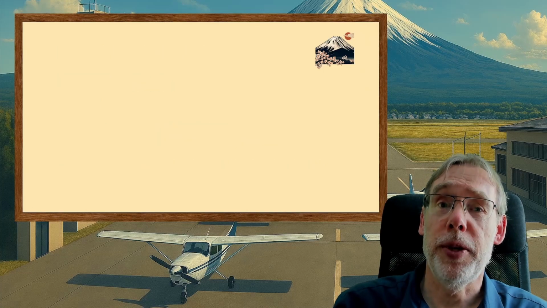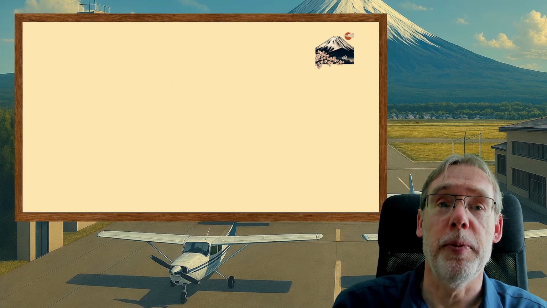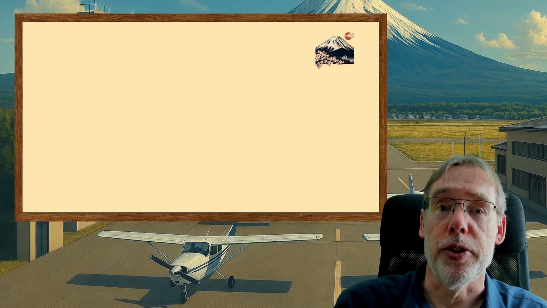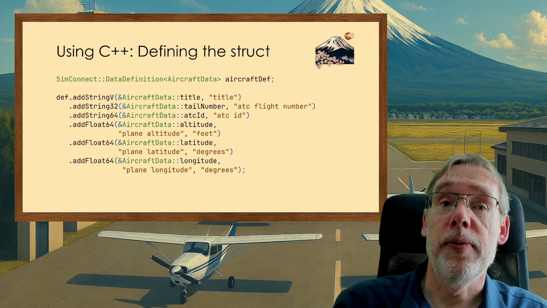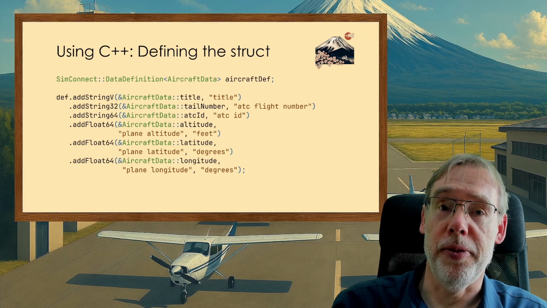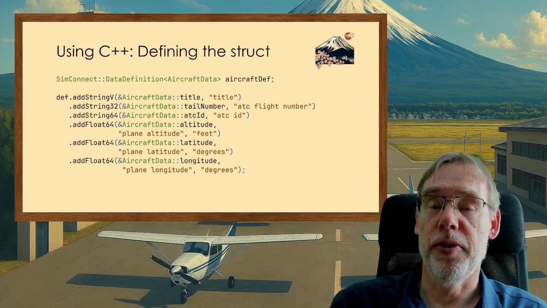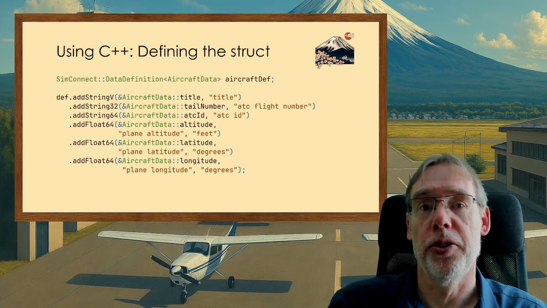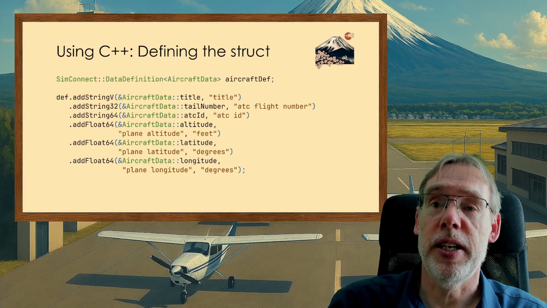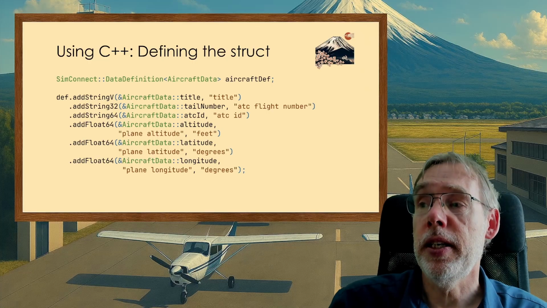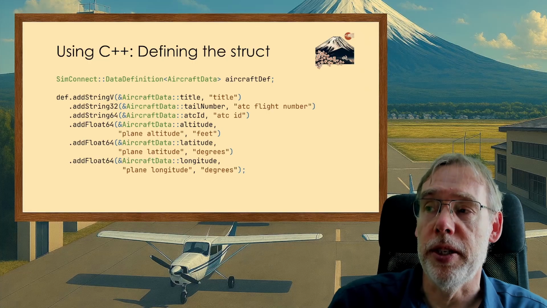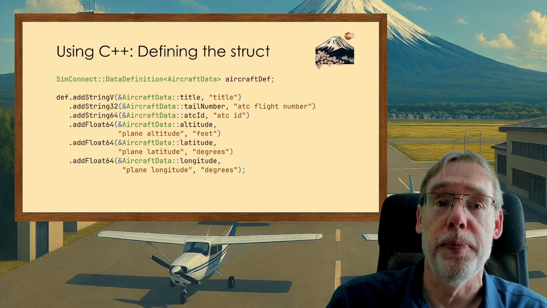Now in C++, I cannot use runtime reflection. So how do I tell the library about my struct? What I've done in the library is to use a data definition object that collects this information. So the information that in C# was implicit and extracted at runtime here needs to be explicitly passed to a data definition object.